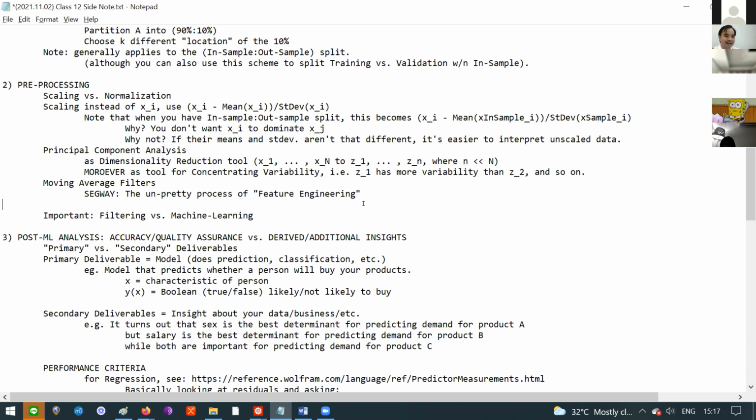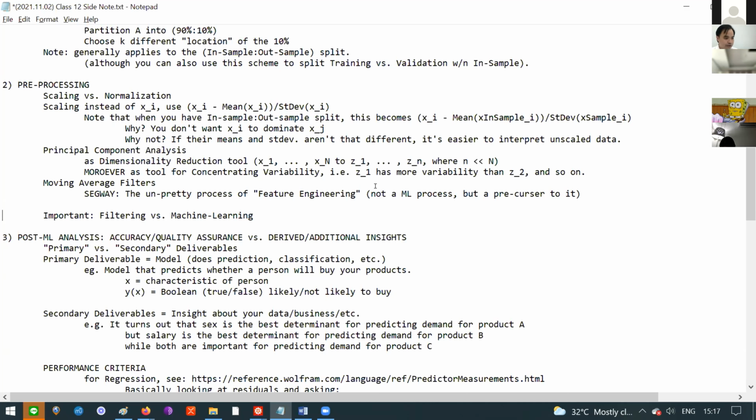Feature engineering is not a machine learning process. It's a precursor to it.